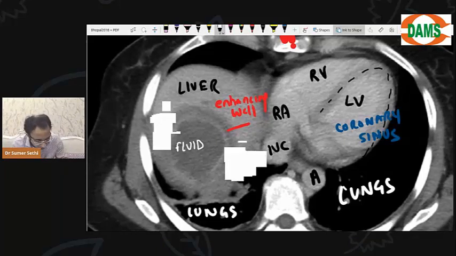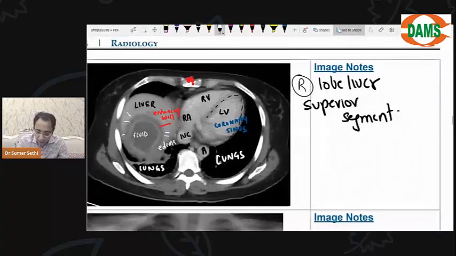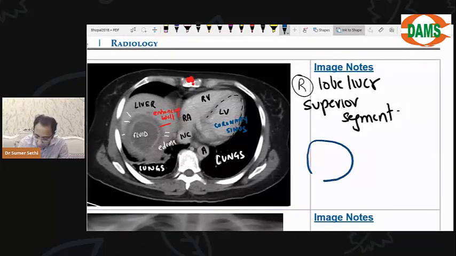पस दिख रही है, उसके आसपास एक वॉल है जो एनहांस हो रही है, and then you have edema surrounding it. Okay, that tells me that this liquid that we have has an inflamed margin जो डाई का अपटेक कर रहा है, वहां इन्फ्लामेशन है, and that is having hyperemia.